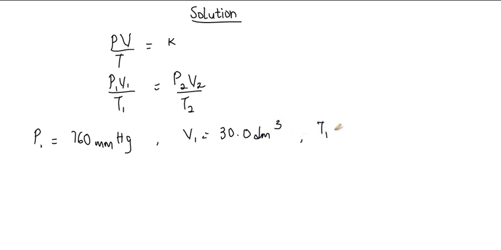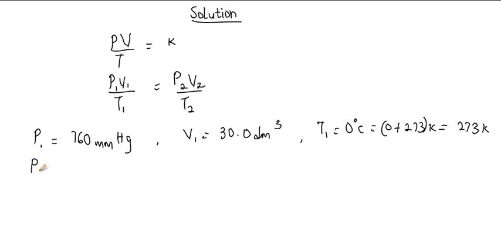Then T1 is 0 degrees Celsius at STP. So we'll be converting this to Kelvin, and to do that we add 273: 0 plus 273, which is equivalent to 273 Kelvin.